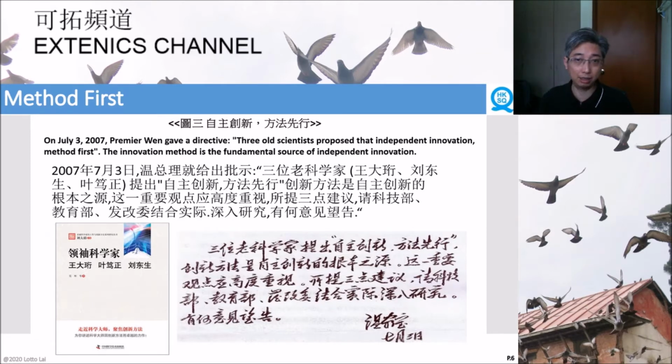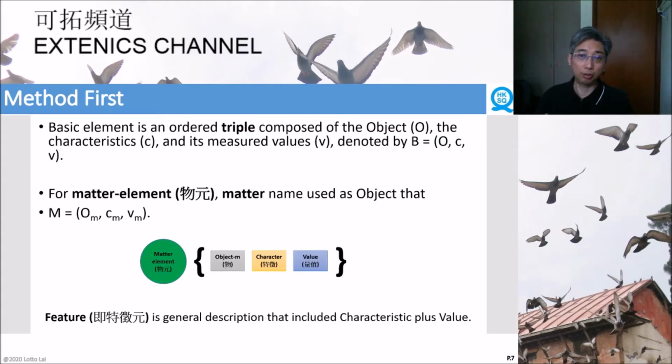That is why Premier Wen Jiabao indicated that we should focus on it, and asked different Chinese government departments to focus on it and propose measures more than 10 years ago. Under this environment, Extenics is a very good methodology to fulfill this topic, method first.